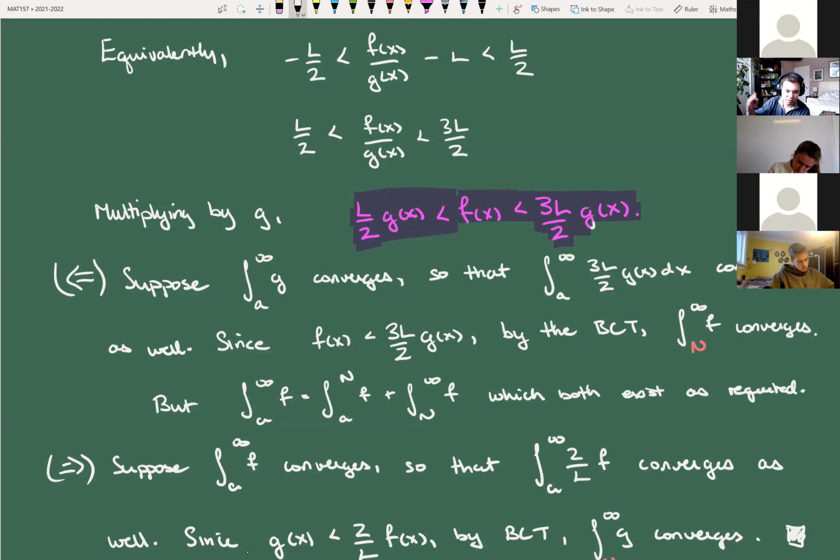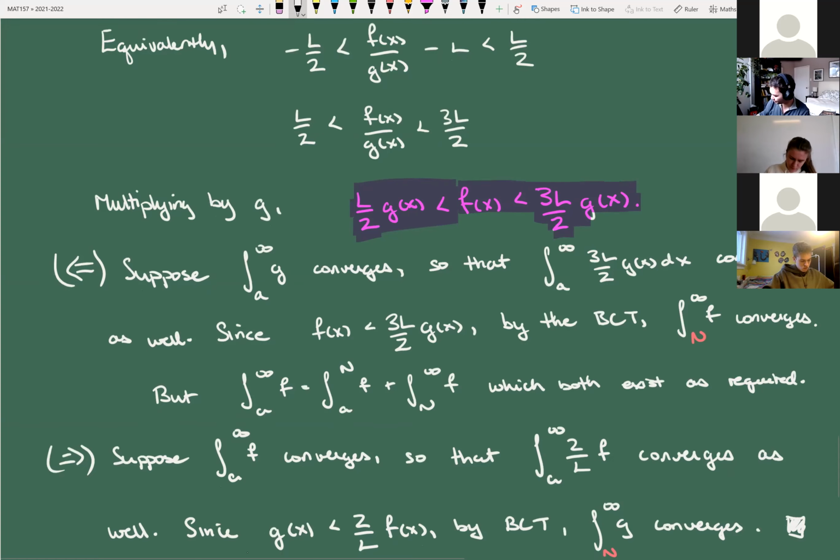Does that make sense? Really, I only proved convergence from n to infinity, but it doesn't matter, because if you're trying to prove the integral from 1 to infinity exists and you prove the integral from 3 to infinity exists, that does it. The only difference between those two things is the integral from 1 to 3, and you know that exists because you assumed your function was integrable on every interval.